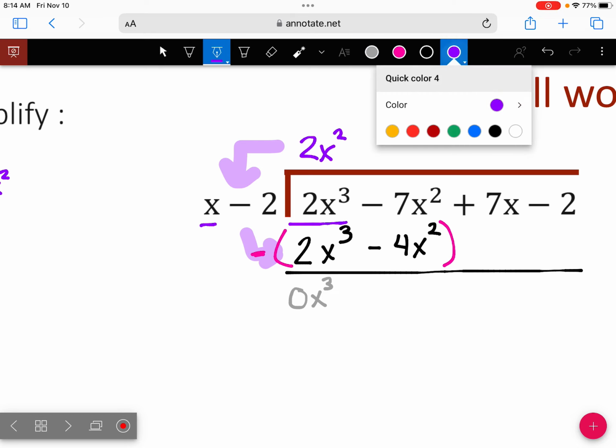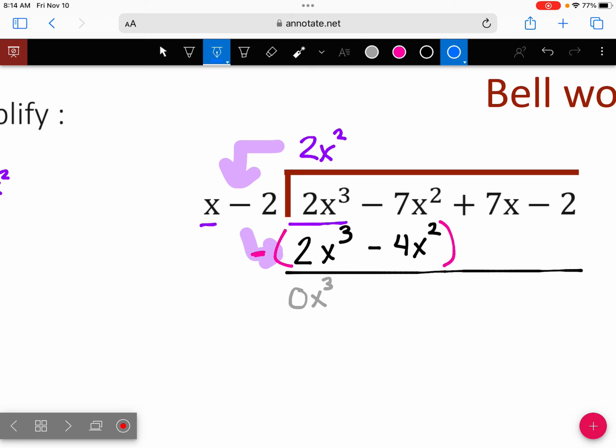Then we have -7 minus -4, which is -3x squared. Then I'm going to drop down these other pieces, my 7x and my -2. Round 1 complete.